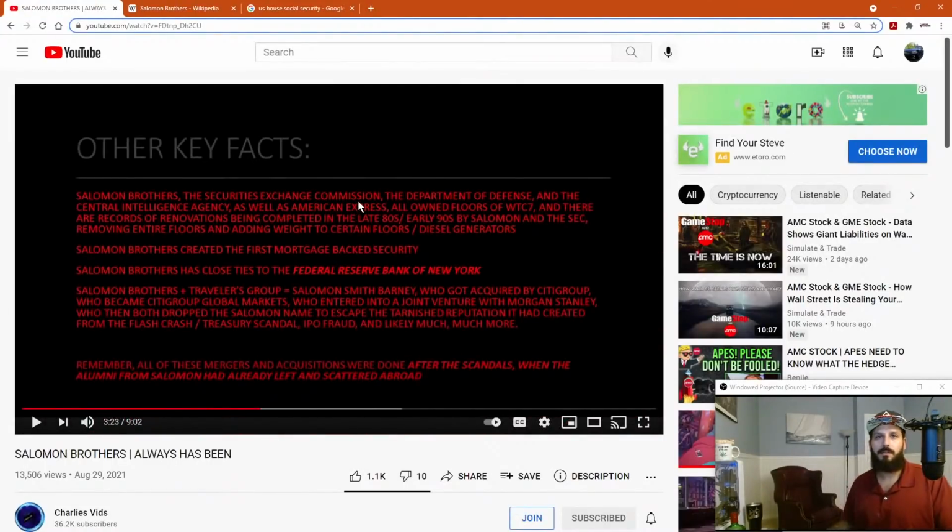Salomon Brothers, the SEC, the Department of Defense, and the CIA, as well as American Express, all owned floors of World Trade Center 7 that collapsed mysteriously on September 11th. Well, it seems to be mysterious in the sense that the way that the building fell was very not natural looking to many people. And there are records of renovations being completed in the late 80s and early 90s by Salomon and the SEC, removing entire floors and adding weight to certain floors and diesel generators.